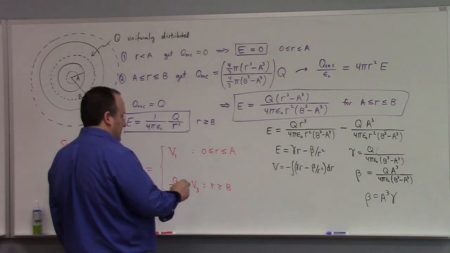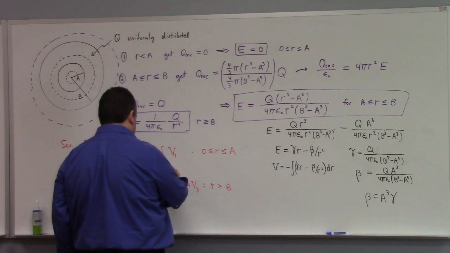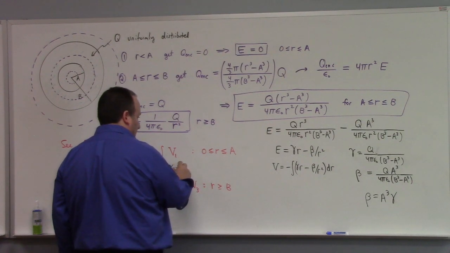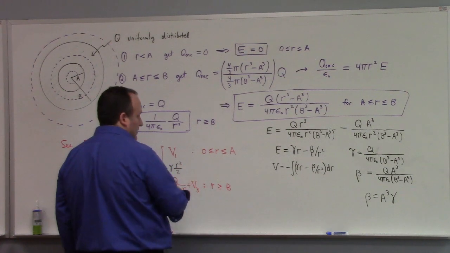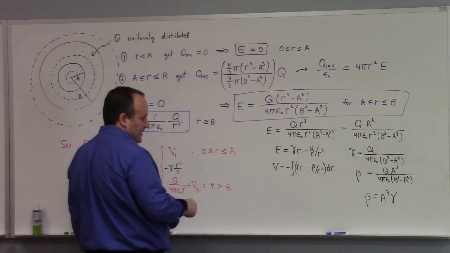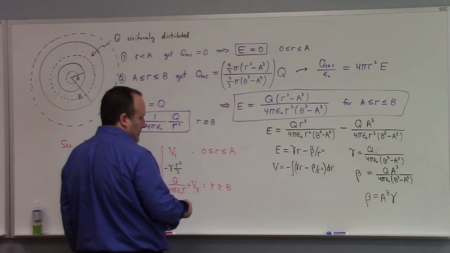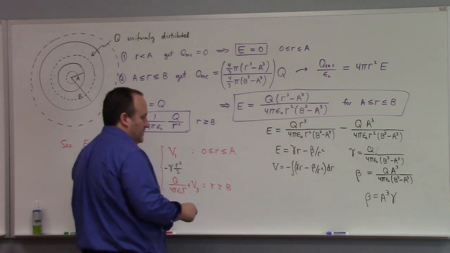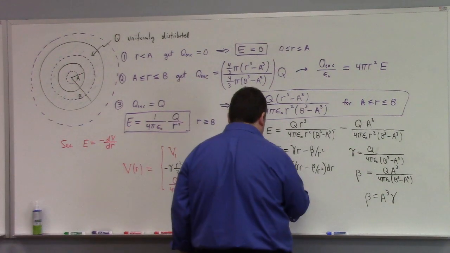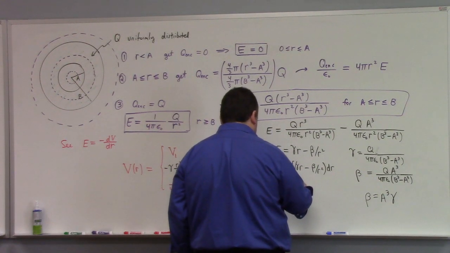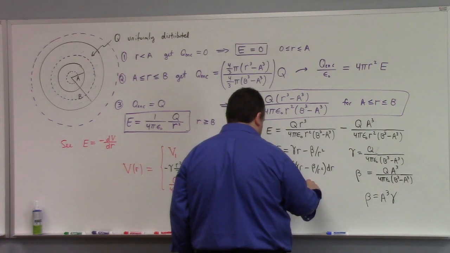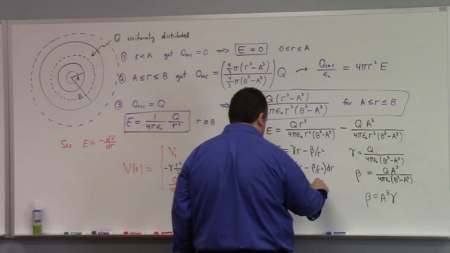So I get minus gamma R squared over 2 from the first term, and then, sorry, I'm not functioning well here. So the integral of minus gamma R plus beta over R squared dr.